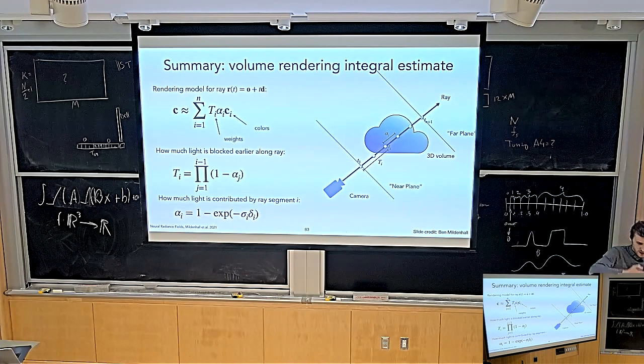So you're going to take the ray, you're going to discretize it into points along the ray. For each of the points, you're going to get a color, and for each of the points, you're going to get a density. And now you're going to express the color of the ray as a weighted sum of the colors of the samples, weighted by a term that you will compute, and the term is going to be the thing that we just derived for the transmittance.